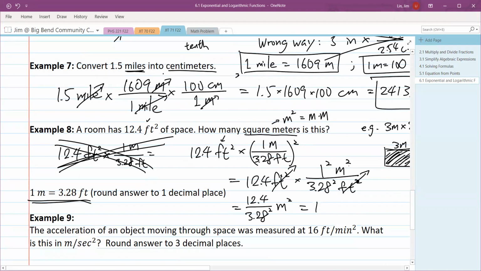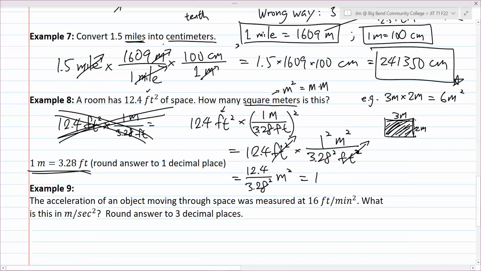So if we have a specific instruction, we have to make sure the format is right. So the answer will be 1.2 meters squared. That is your answer. 1.2 meters squared for the room area. That's quite small.